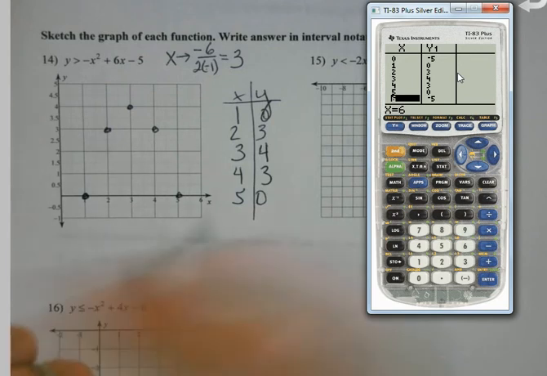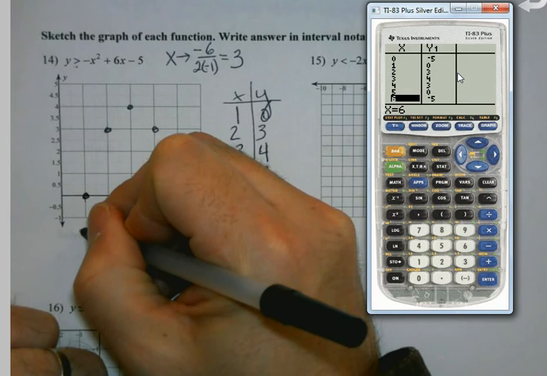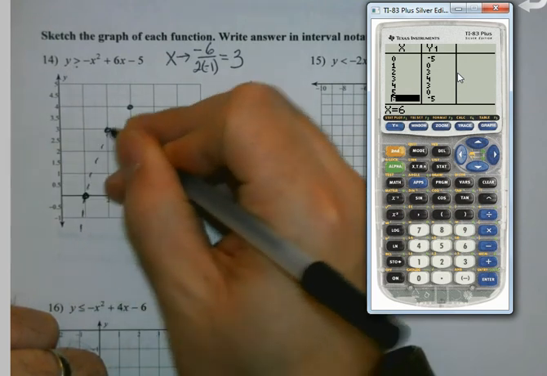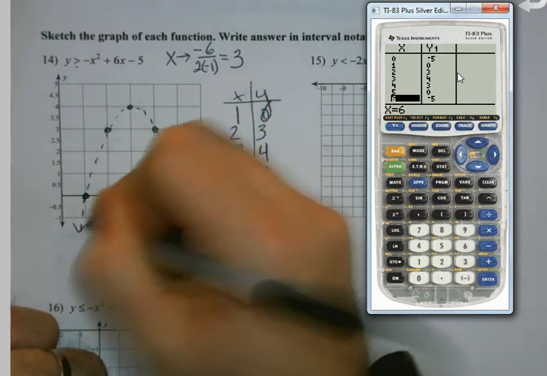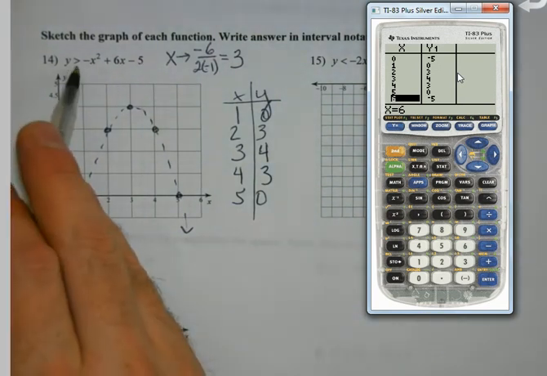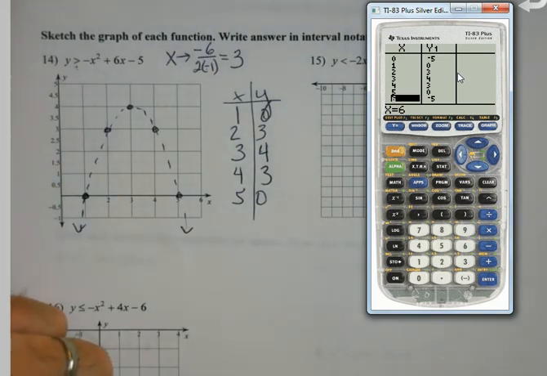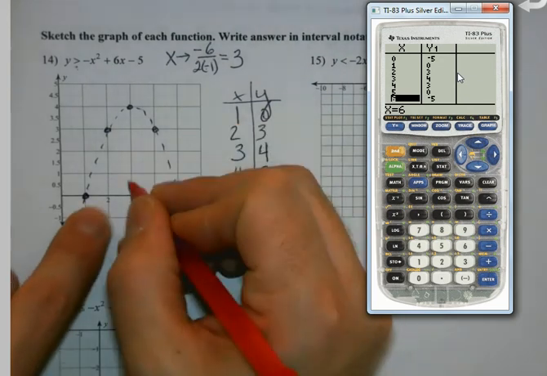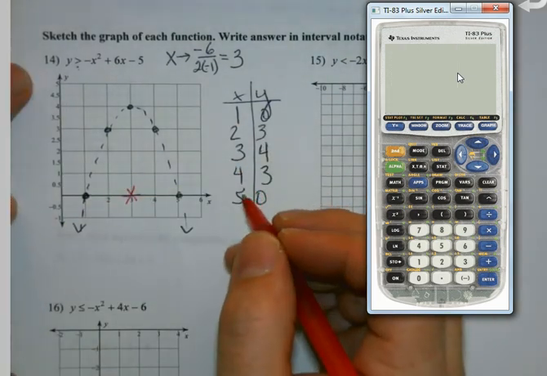I notice that it's just greater than, which means I'm going to have a dotted line for my parabola. That's going to give me another hint about what this is going to look like as far as the interval notation goes, but until I get there, let's do our test point here. 3, 0 looks like a safe bet down here in the middle.